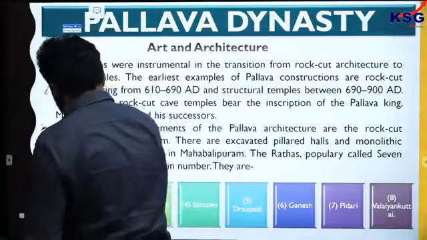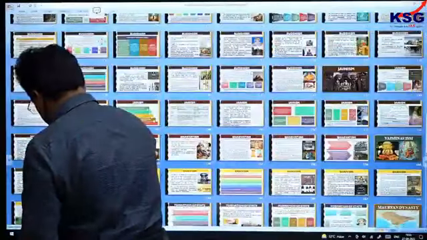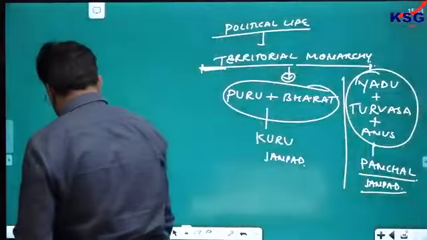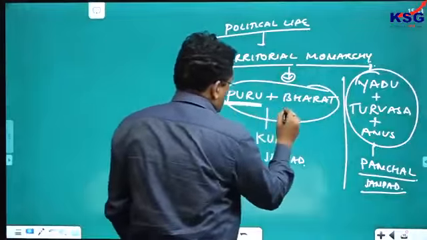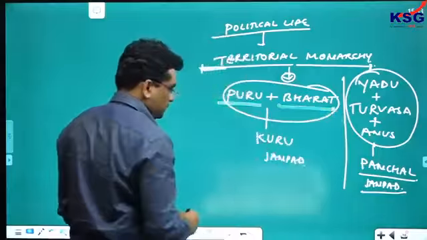So we will see about the Supru tribe and the Bharat tribe from the Kuru.